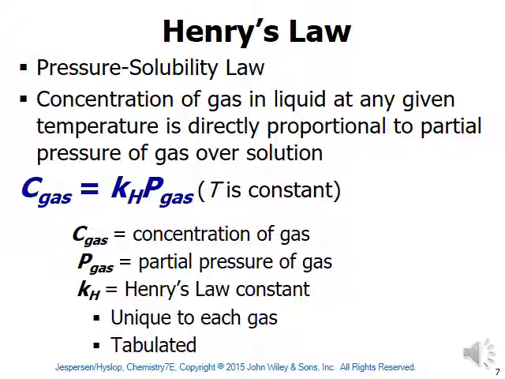As you increase the pressure, the concentration of the gas will go up by some constant, so these two are proportional. You could say C is proportional to P, by some constant. This is when temperature is constant.